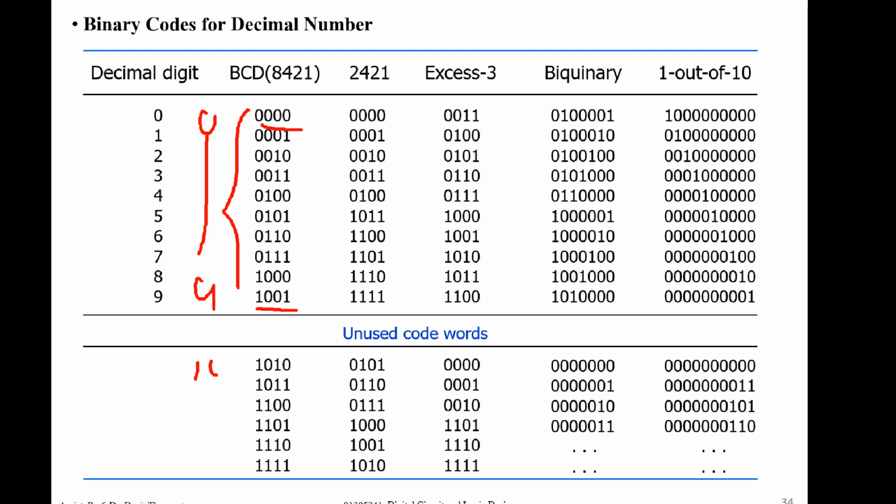For 10 to 15, you don't use them. So these are unused code words, or non-code words. For XS3 and 2, 4, 2, 1 also. For biquinary, also there are unused code words. 1 out of 10 also has a lot of unused code words.